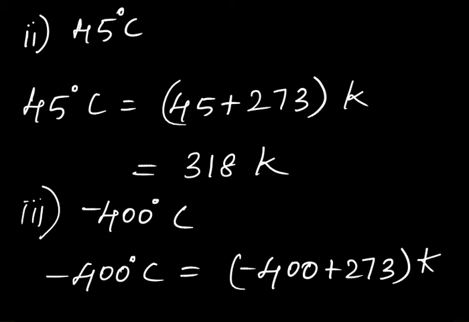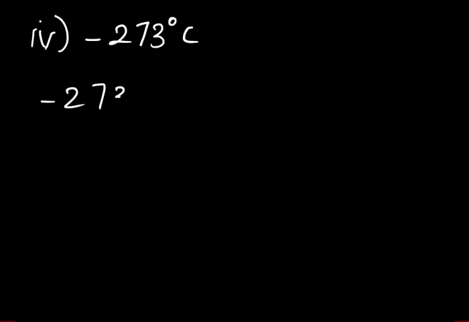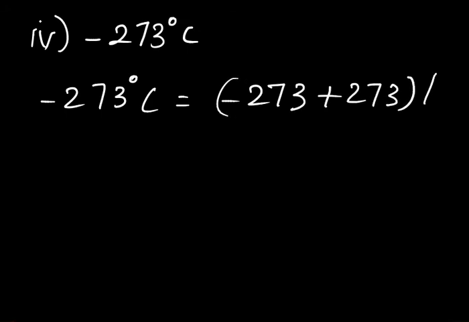When you add these two, you will get minus 127 Kelvin. Fourth question, minus 273 degrees Celsius is equal to minus 273 plus 273 Kelvin. When you add these two, you will get 0. So 0 Kelvin.